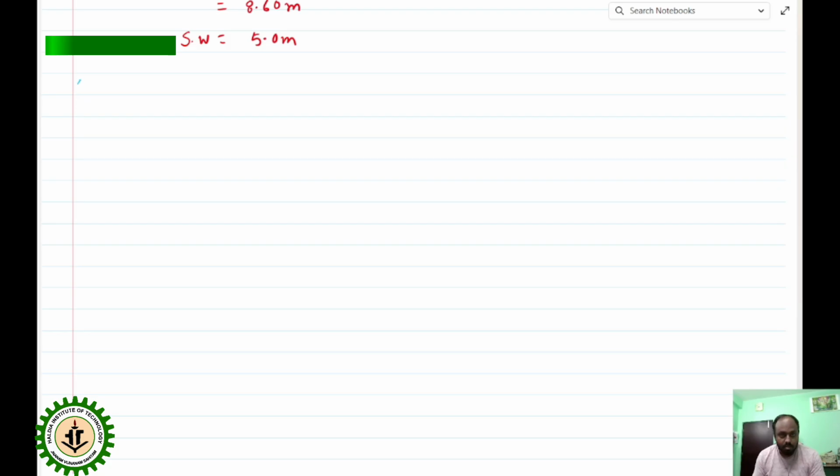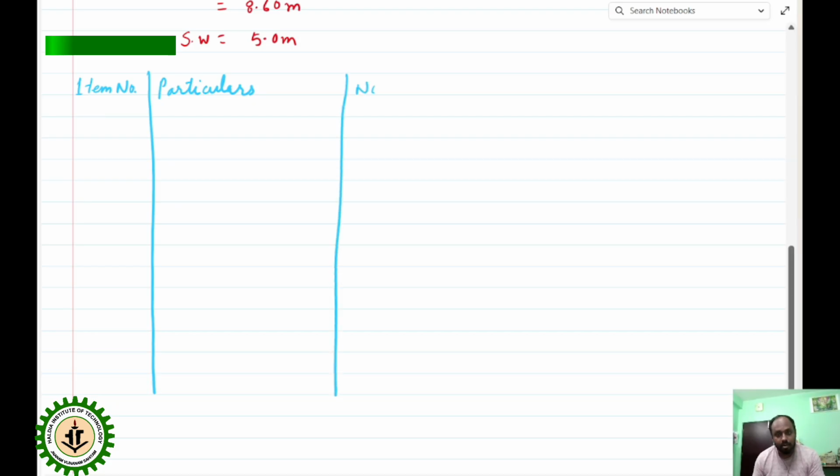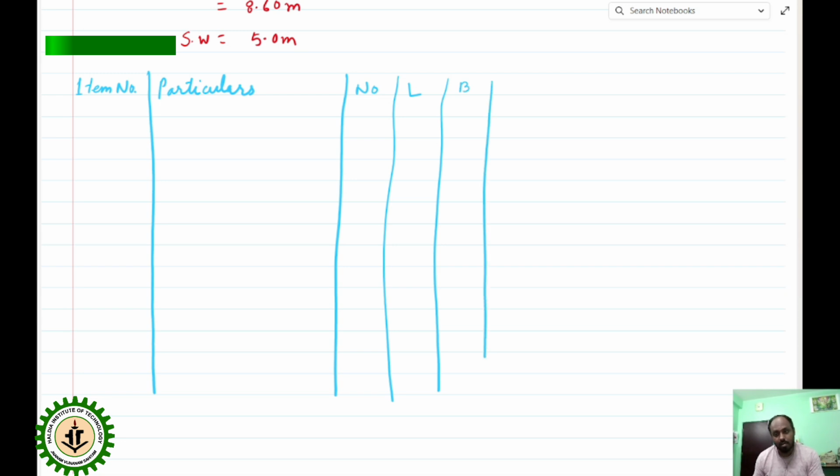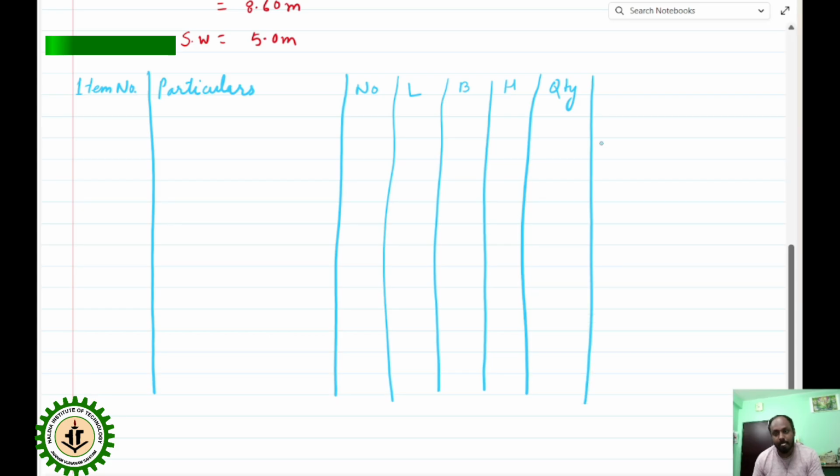Now, item number, then we will write particulars, then number, then length, then width, then height, then quantity, and then remark or any explanation if you have.